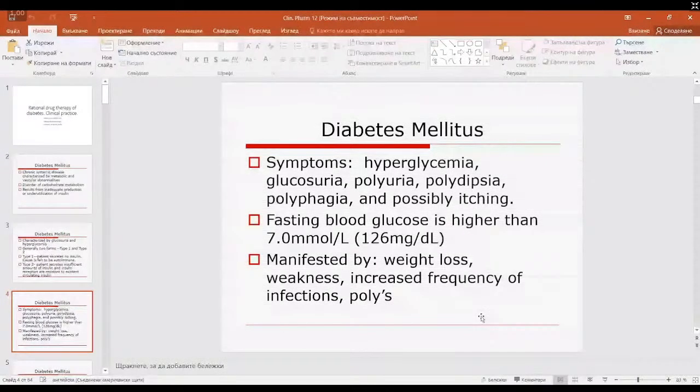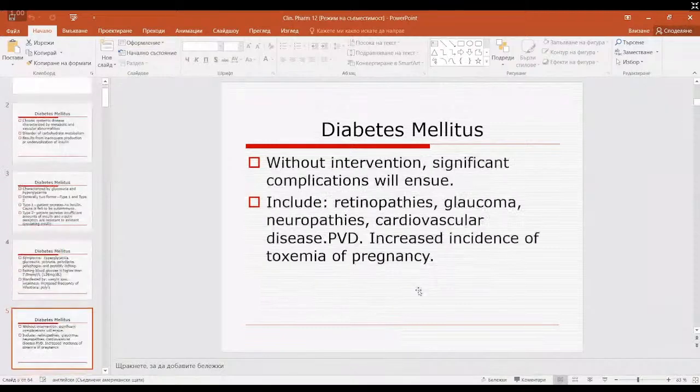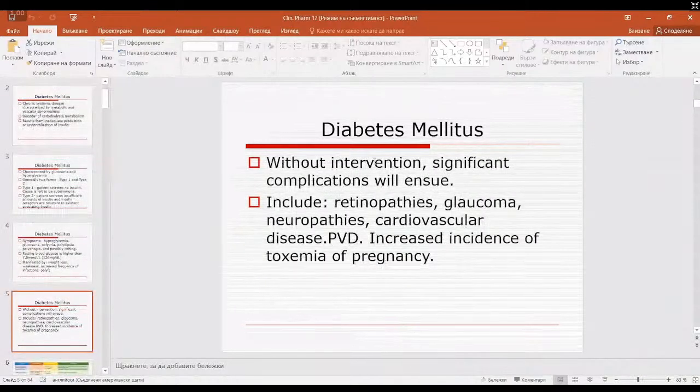Patients can also have weight loss, weakness, and increased frequency of infections due to the higher levels of blood sugar. Without intervention, diabetes mellitus, no matter which type, leads to significant complications, especially vascular complications.